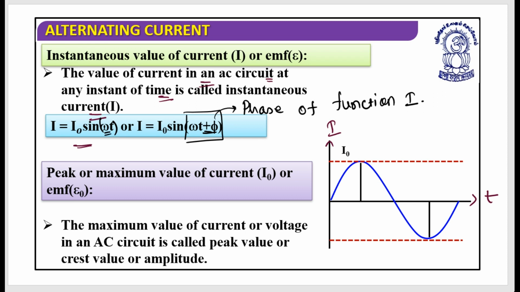Now, what is the peak or maximum value of current or EMF? This is the reference line, and this is the peak value. The maximum value of current or voltage in an AC circuit is called the peak value, or the crest value, or the amplitude.